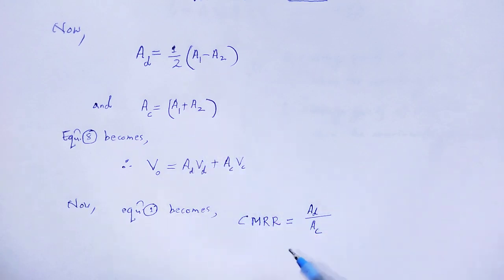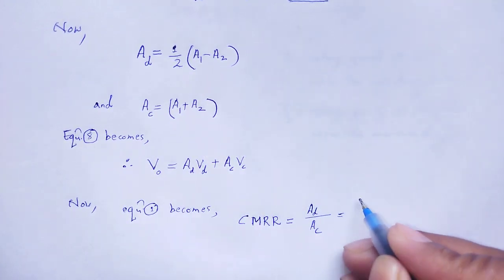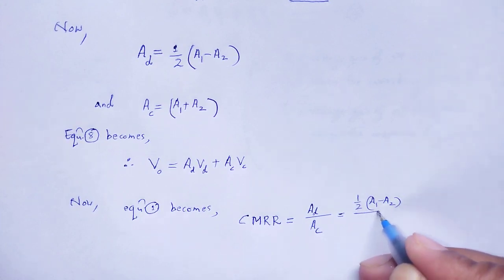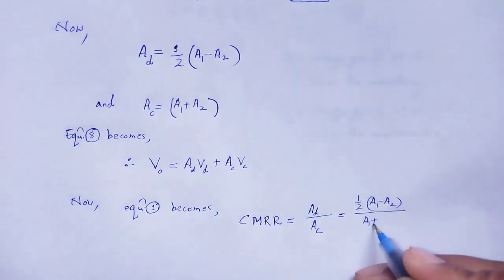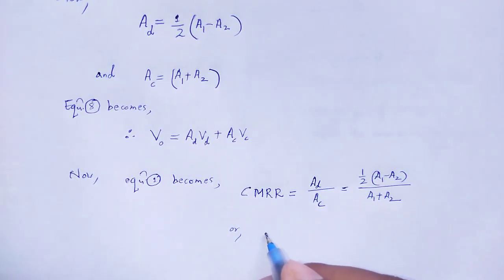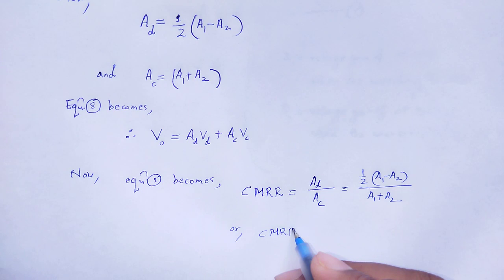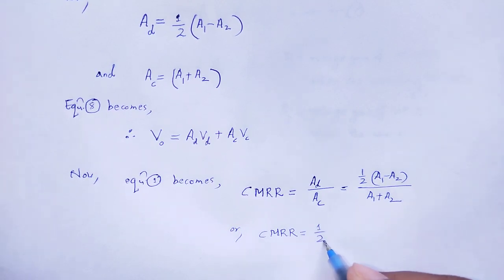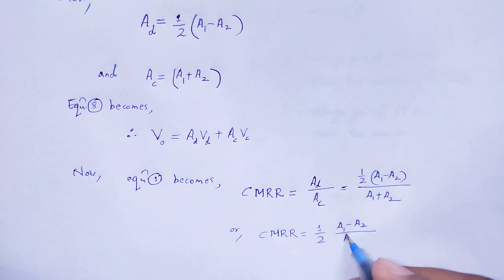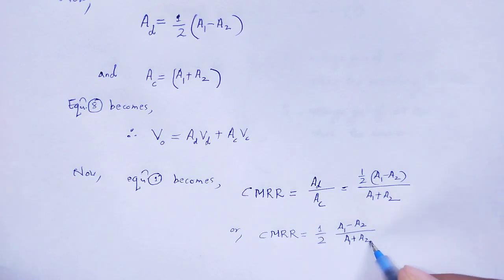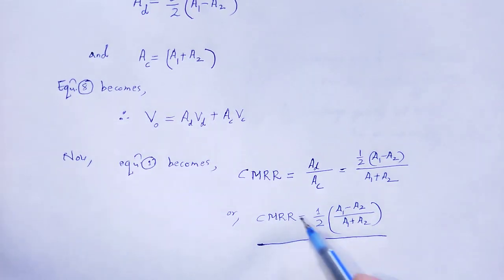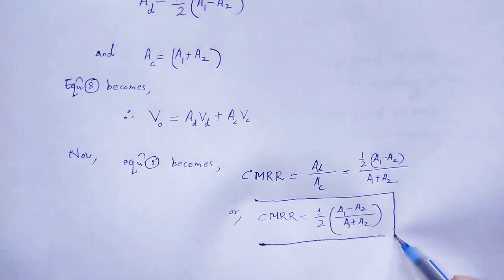The values of AD and AC are put in, that is half A1 minus A2 divided by A1 plus A2. So we obtained CMRR is equal to half A1 minus A2 divided by A1 plus A2. The expression for CMRR.